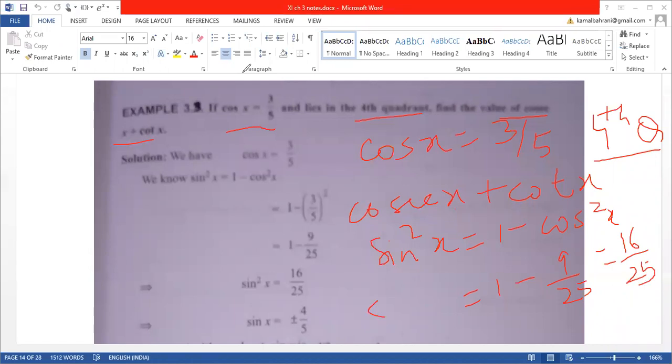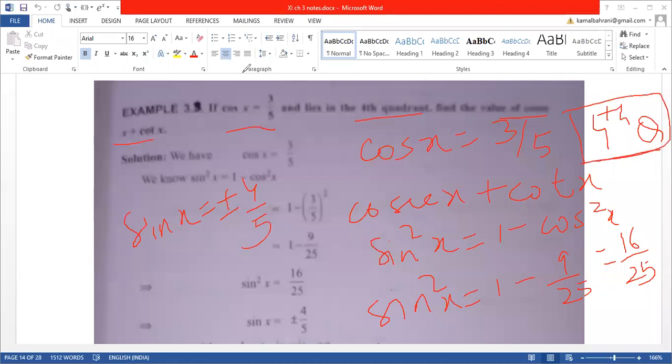This is equal to sin square x. So sin x will be equal to plus minus 4 by 5. Now just see, x lies where? In the fourth quadrant.